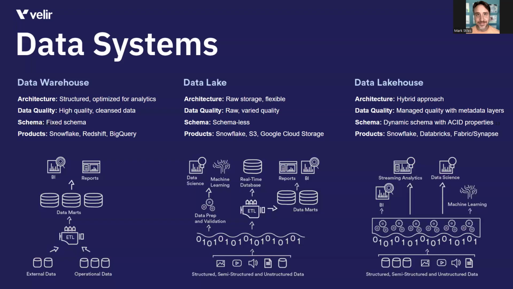It brings together the idea of this open data format with the old style structure of the databases, but with a lot of the governance baked into it. The products you're going to see here, like Snowflake or Databricks or Fabric and Synapse, are the ones that have those overarching governance models and really help you manage plugging one set of data into another without having to have a software team that's going to go and build all of that. So those are the different flavors that we're talking about.